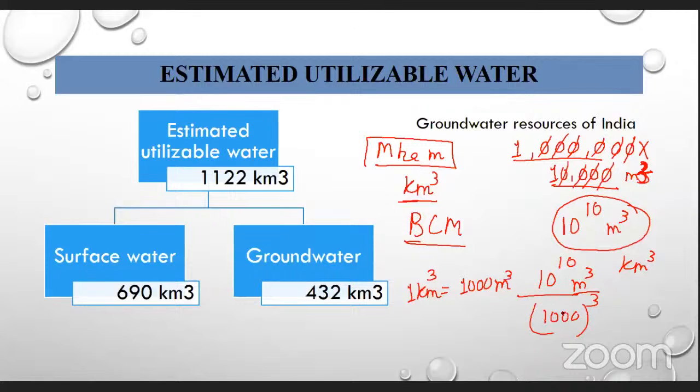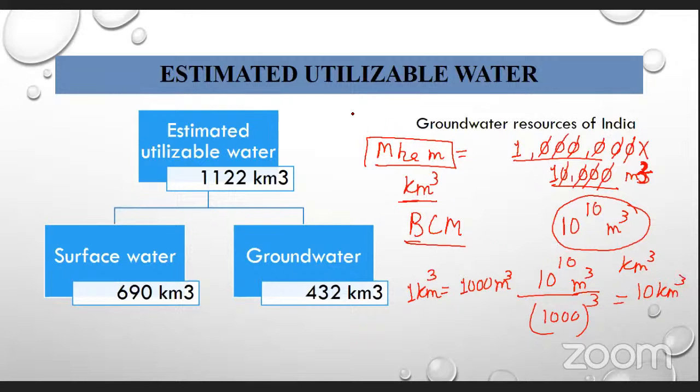So because of that, we are dividing it by 1000 to the power 3. So your million hectare meter, when converted into kilometer cube, your answer will be 10 kilometer cube.